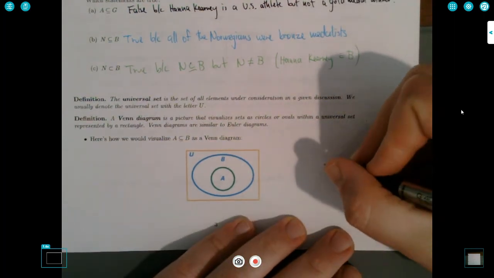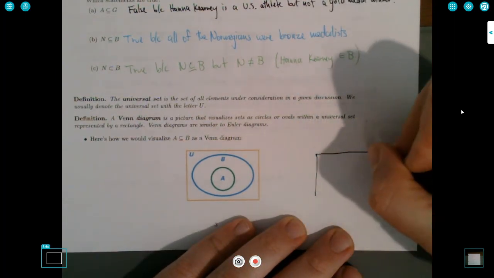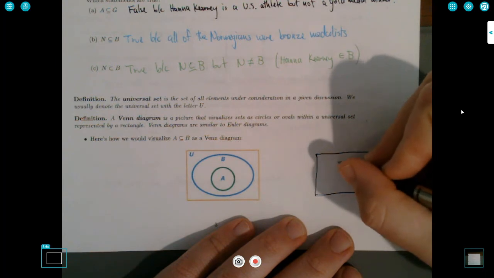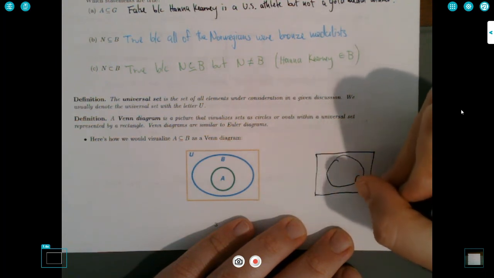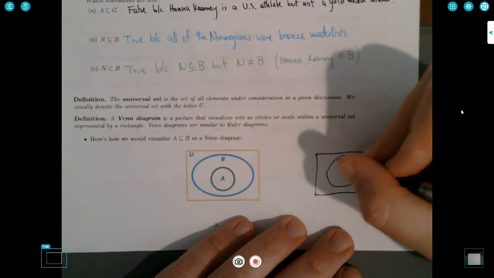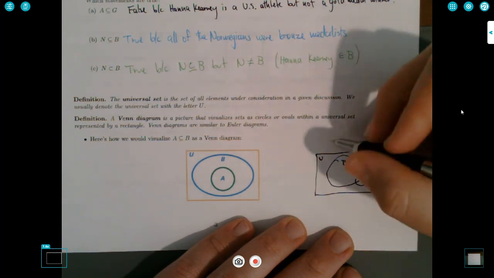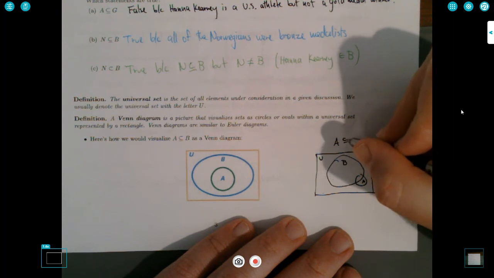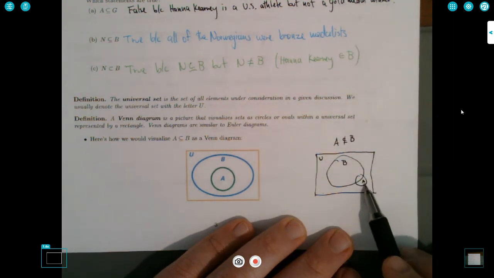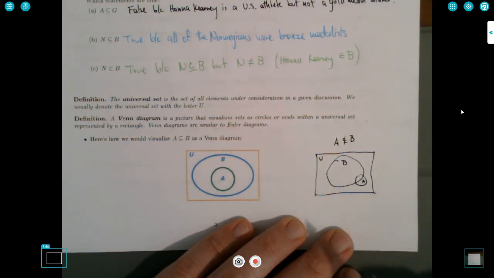Right? If you had a situation like this, where maybe this is B, this is our universal set, and then this is A. Here, A would clearly not be a subset of B, because there are going to be some elements of A that are not elements of B, right?